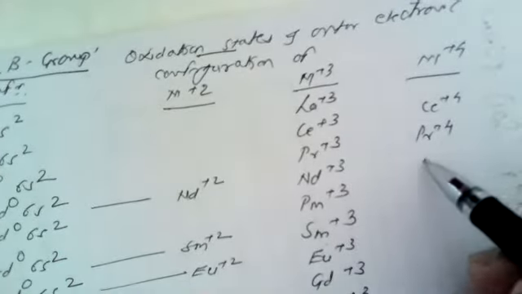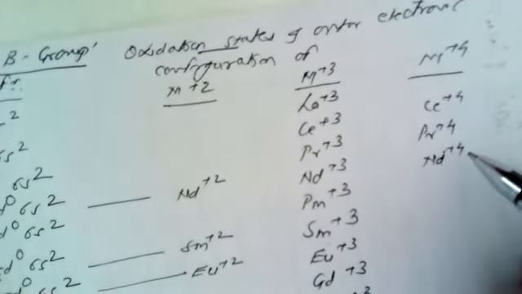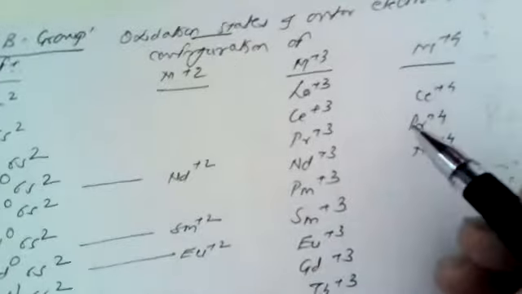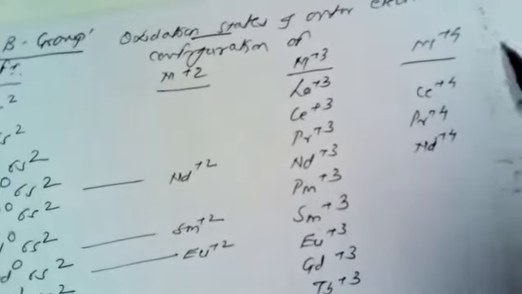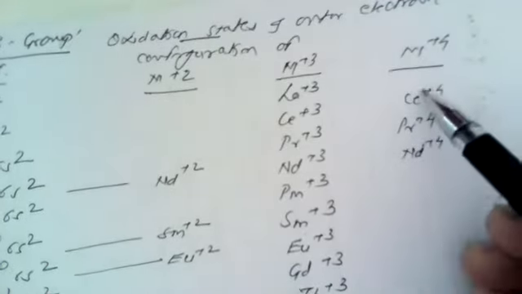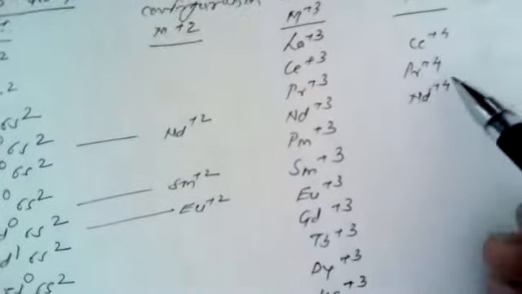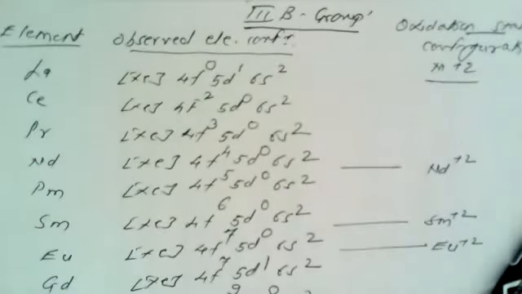Then Nd, atom number 60, shows +4 oxidation state. So cerium, praseodymium, neodymium, 58, 59 and 60. These members display +4 oxidation state, and there are again two members that can also show these oxidation states.